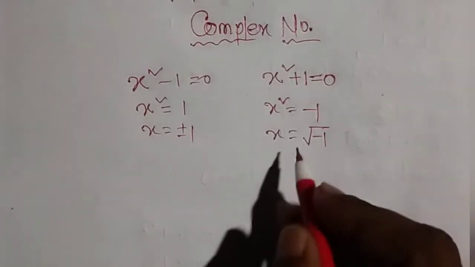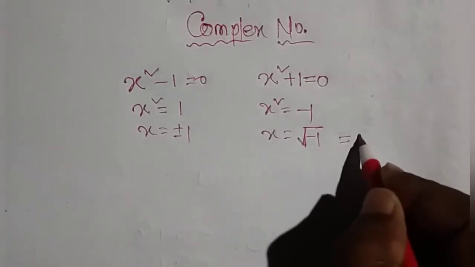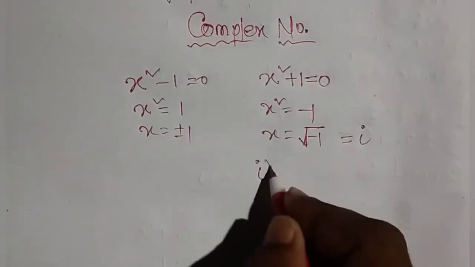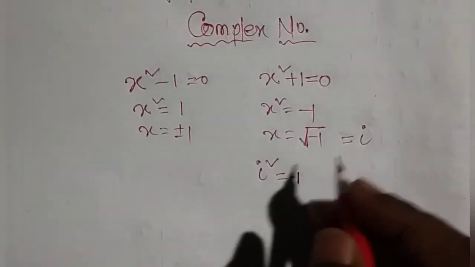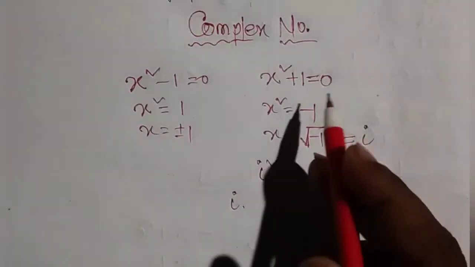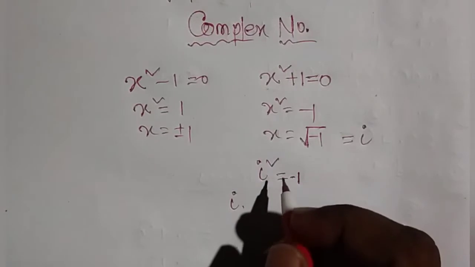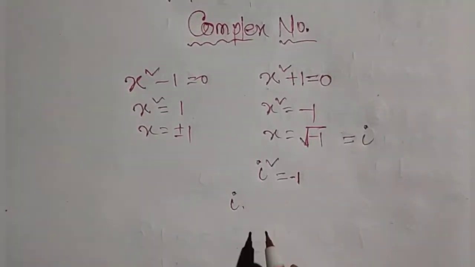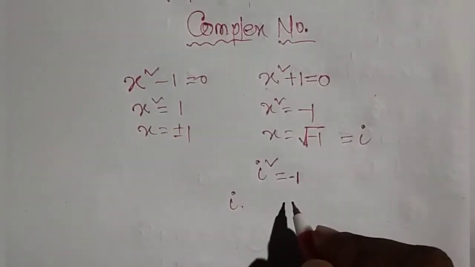Now let us denote root over minus 1 by the symbol i. Then we can write here i square equal to minus 1. This means i is the solution of this equation x square plus 1 equal to 0. Euler was the first mathematician to introduce the symbol i for the square root of minus 1.